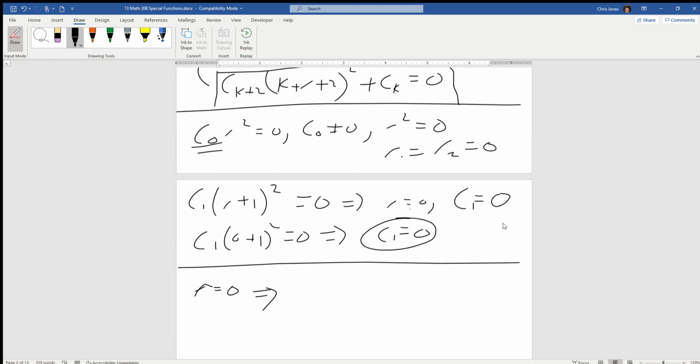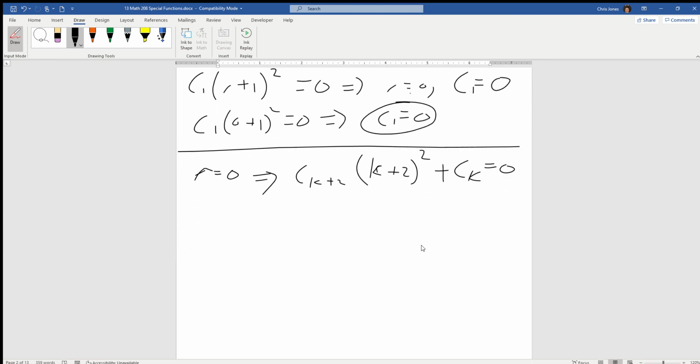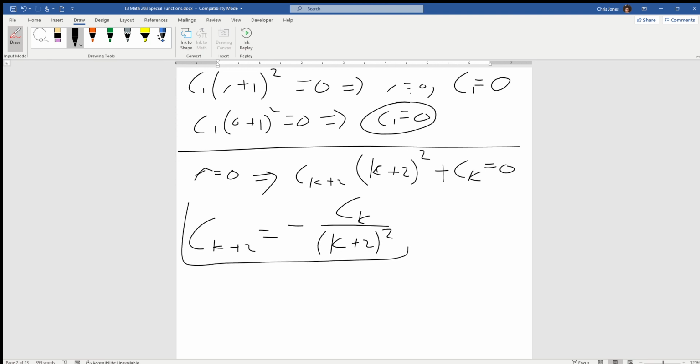That means that C sub k plus 2 times (k plus 2) squared plus C sub k is equal to 0. Or if we solve that for C sub k plus 2, what we're going to end up with is the opposite of C sub k divided by (k plus 2) squared. And that is our recurrence relation.